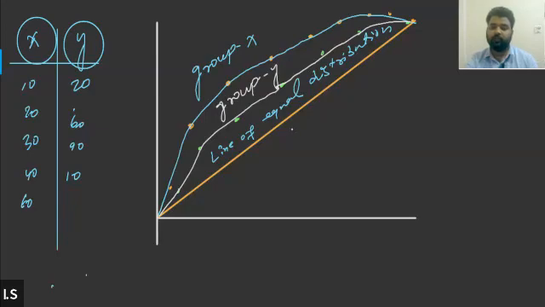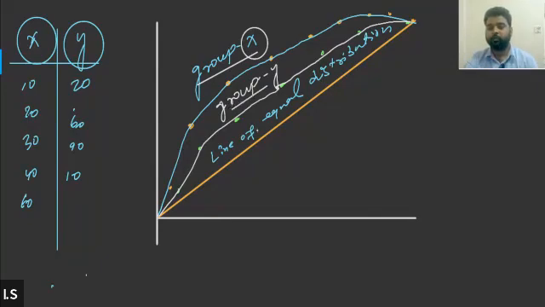The line of the variable which falls farther from the line of equal distribution has the greater degree of dispersion. So in our example, the line for the variable X is farther from the line of equal distribution. So that indicates that group X has a high degree of variation. That means a high degree of dispersion.